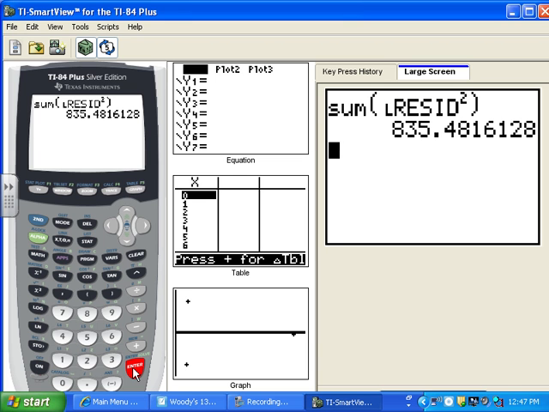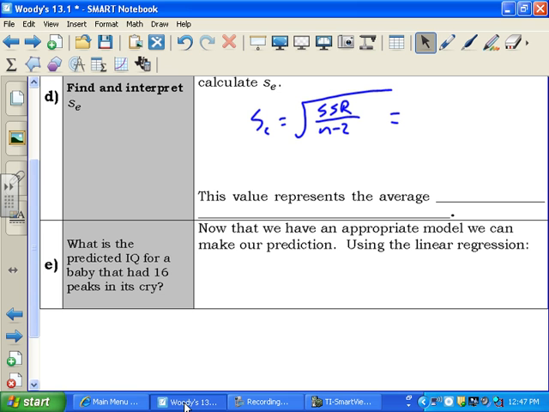We're going to take that number and divide it by n minus 2. I'm just using the formula here. N was the number of data pieces we had. I believe we said that was 38. So 38 minus 2 is 36.